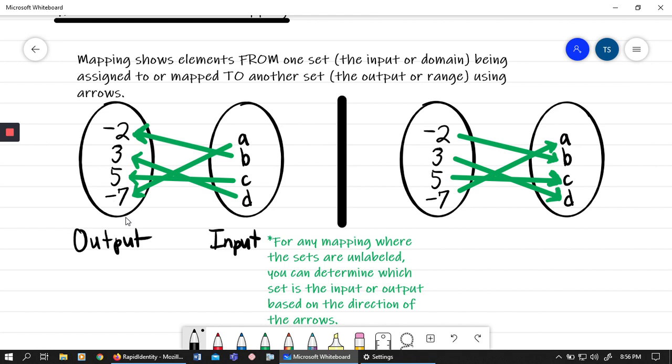And for the set on the right side here, we should be able to tell which one is the output and which one is the input based on the direction of the arrows.